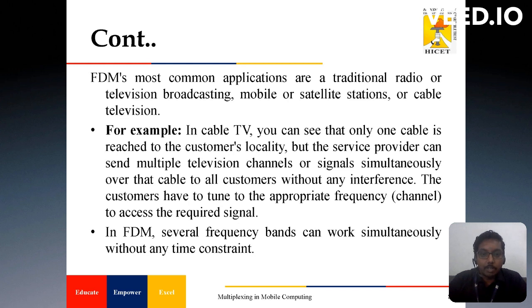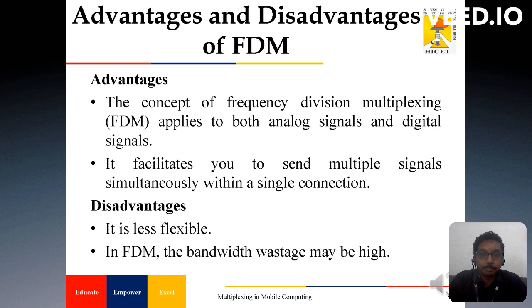Within that frequency, the channels are available. Once the channel is changed, the frequency of the particular channel takes place, and it gives you the telecast. That's a simple example of frequency division multiplexing.